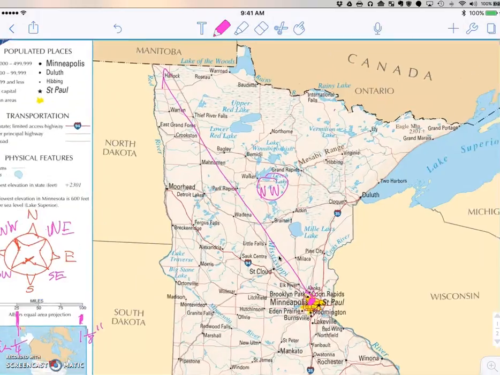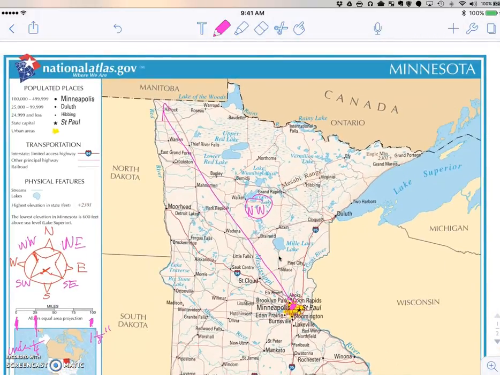So Halleck to Minneapolis is 3 5/8, 3 5/8. And we know that 1 1/8 is 100 miles. So 1 1/8 plus 1 1/8 plus 1 1/8 equals 3 3/8.